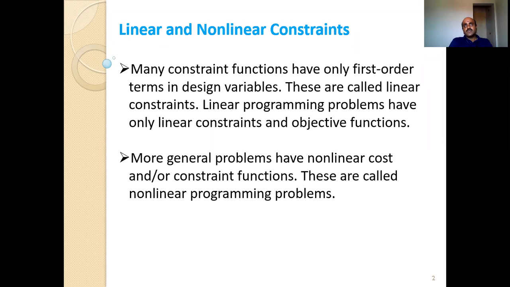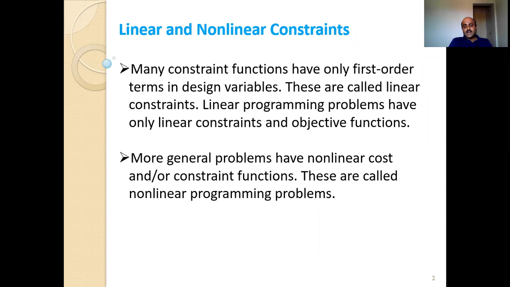So in yesterday's class, we were talking about the design of a cantilever beam, where width and thickness are the two design variables we defined yesterday. And these two design variables are connected to the constraints.